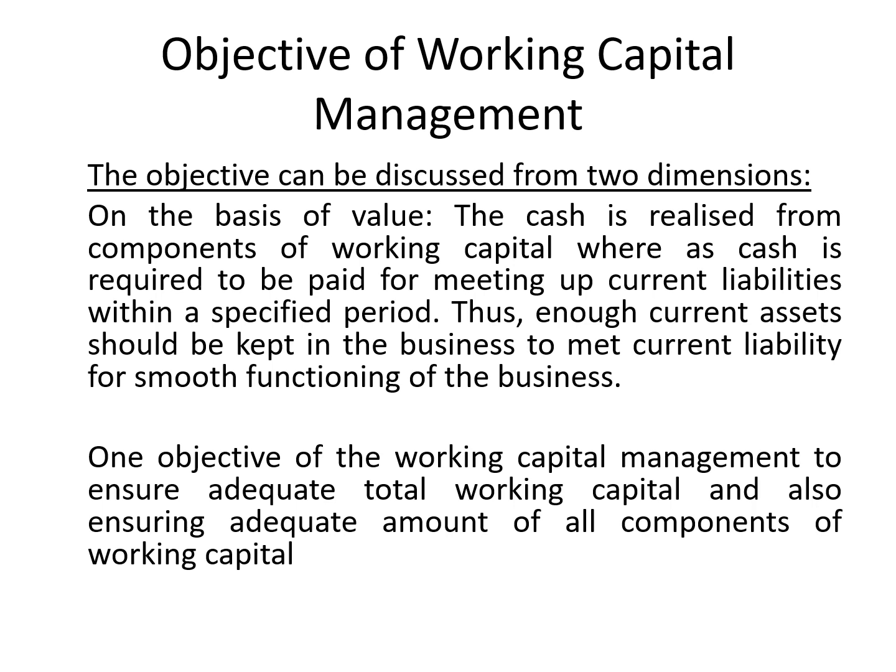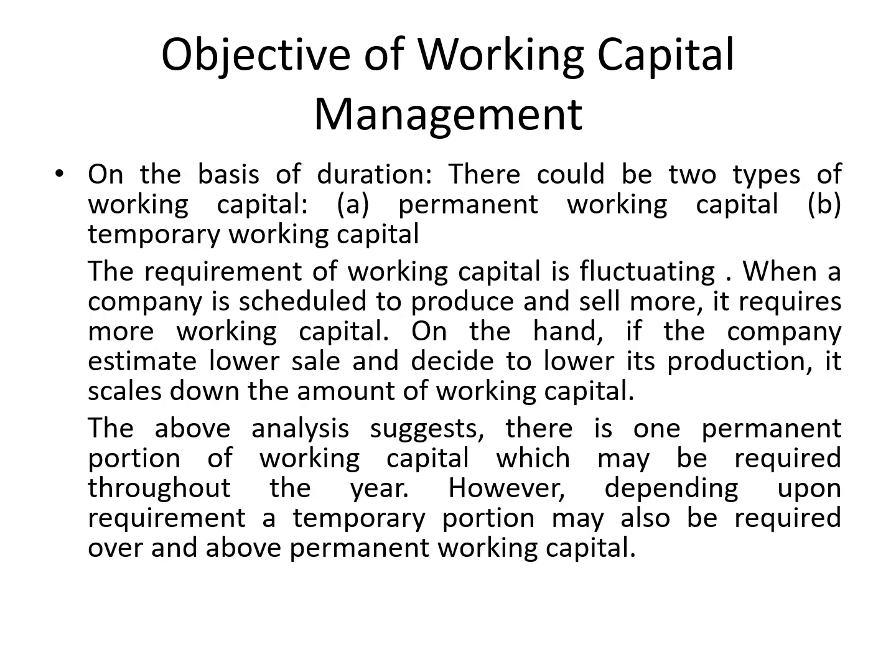One objective of working capital management is to ensure adequate total working capital and also ensuring adequate amount of all components of working capital. There is another objective which is based on the duration, operating cycle.